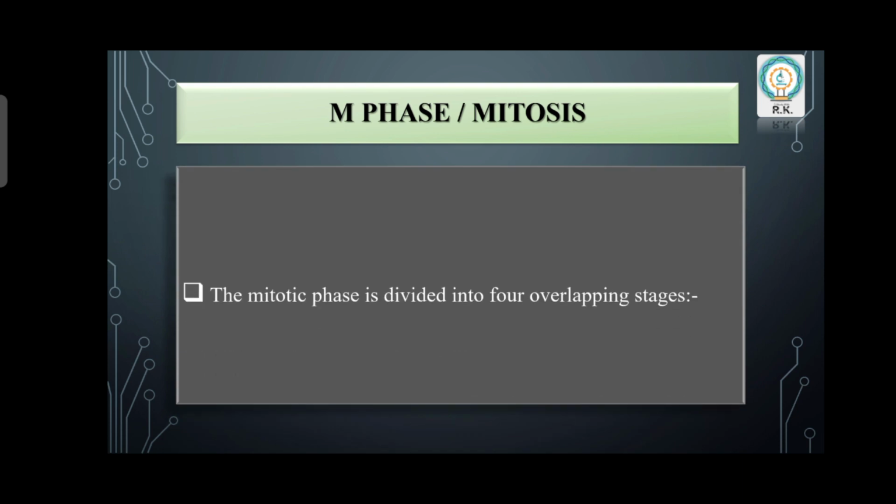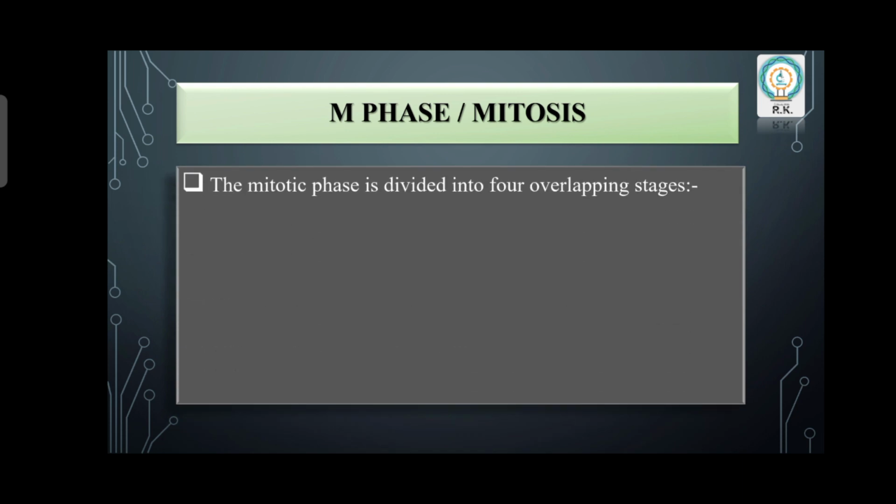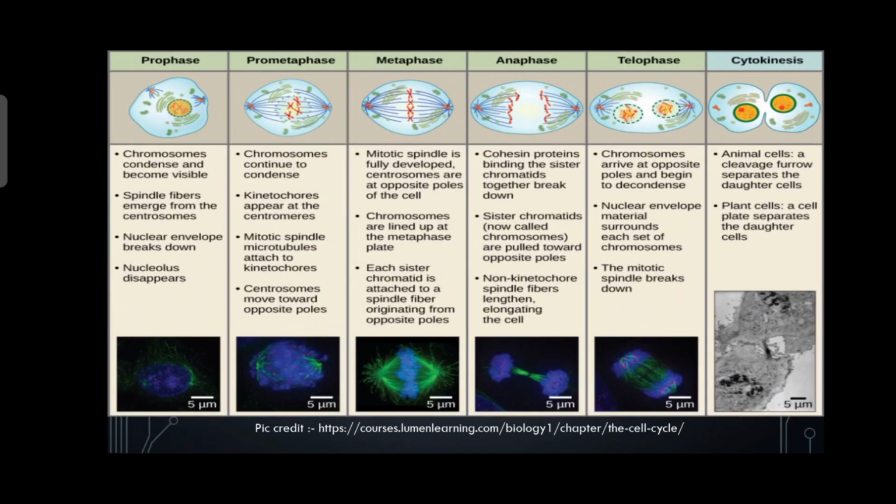Now, M phase, the mitotic phase, further we know that it is divided into four stages, namely prophase, metaphase, anaphase, and telophase. There is one more phase in between prophase and metaphase, which is not described in many of the reference books, but in some it has been described. So what happens in prophase?